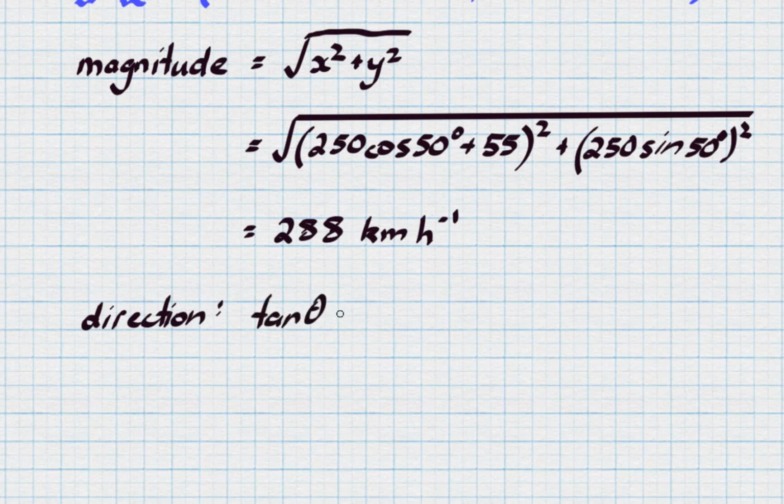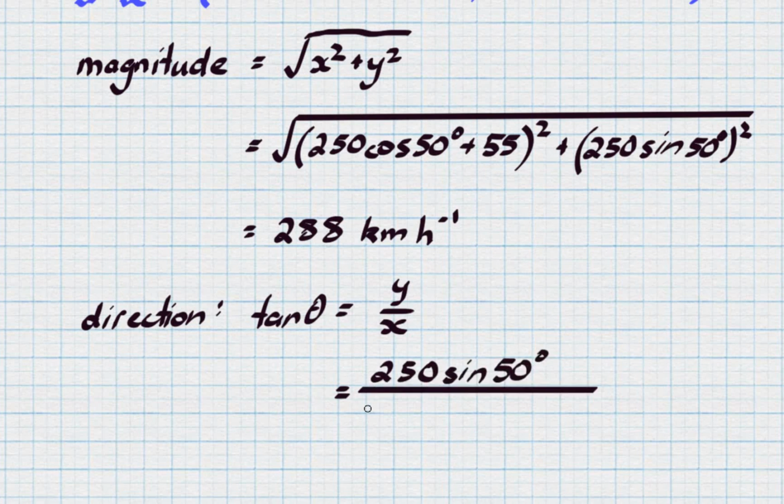And once again, for our y and our x, they're relatively long things to write out. 250 sine of 50 degrees over 250 cos 50 plus 55, but the idea is the same. And so we want to take the inverse tan of whatever this is to work out theta, and that's just another calculator job. Once we do that, we get approximately 42 degrees.